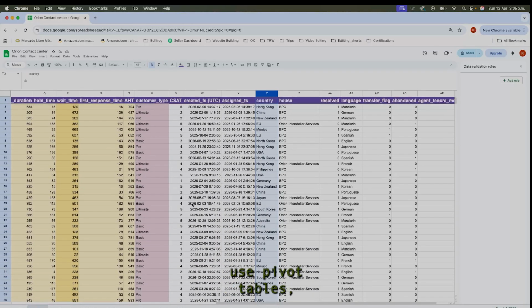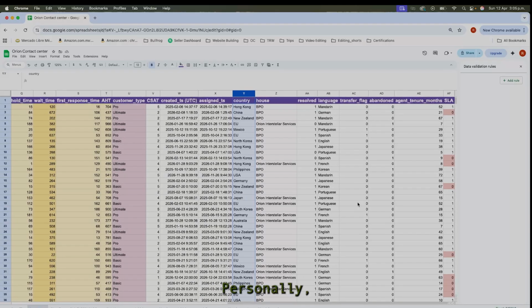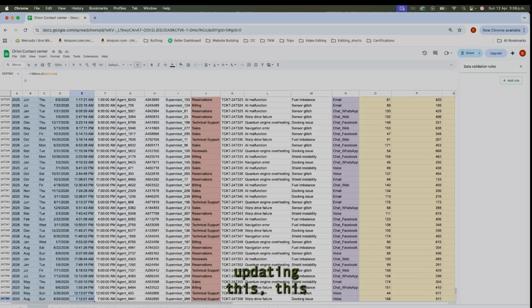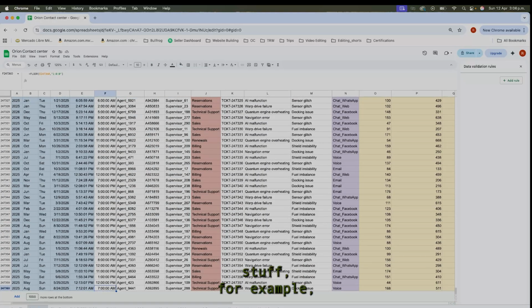Yes, we can use pivot tables, but we're going to reference that in a different class. Personally, I do not like pivot tables. I think they're not efficient, so to speak, because if you want to keep updating this tab... For example, in contact centers, we always do last day information.